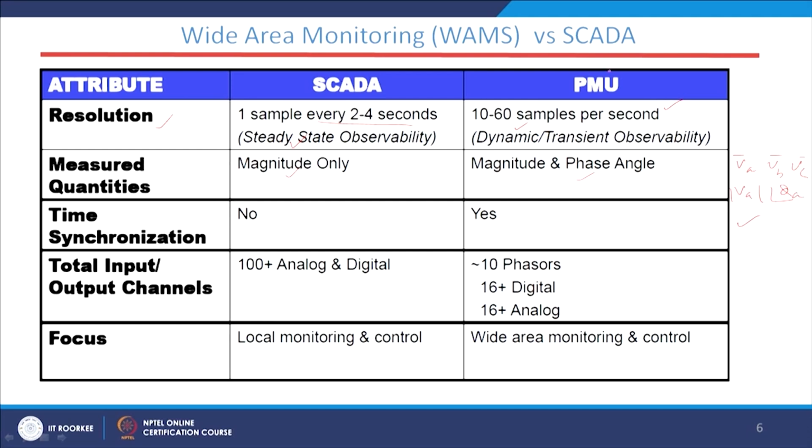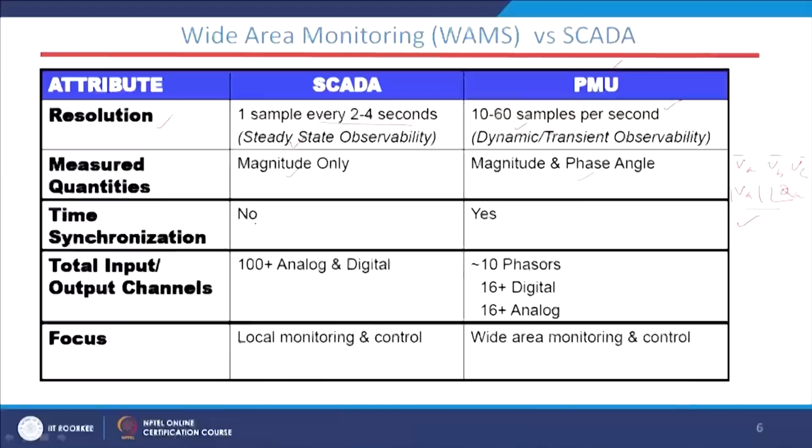This is the phasor measurement unit. Inside this PMU, we have a signal processing algorithm called DFT, discrete Fourier transform. Using that algorithm, we can calculate the phasors of different signals like voltage or current signals.